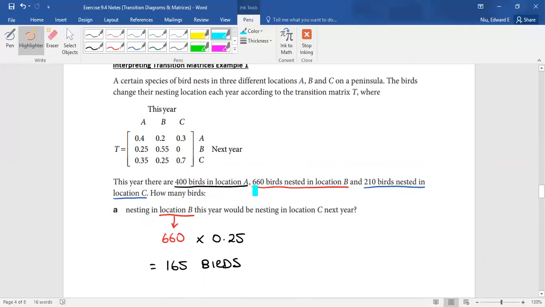So we know there's 660 birds starting out in location B this year. And that's how we got this 660 from this red underline. Now, we have to look in our little matrix.